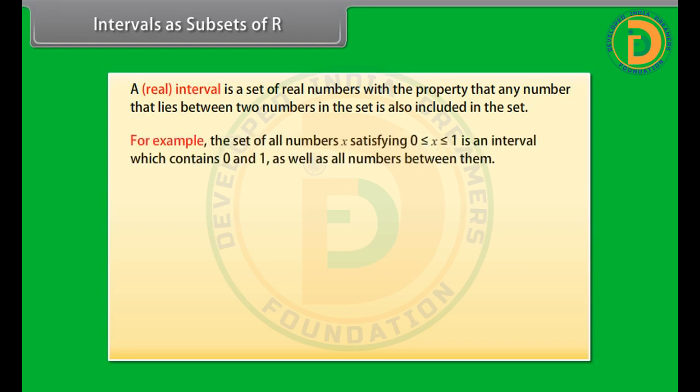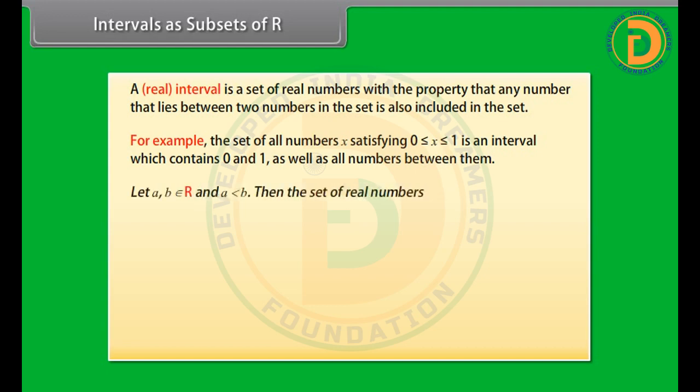For example, the set of all numbers x satisfying 0 less than or equal to x less than or equal to 1 is an interval which contains 0 and 1, as well as all numbers between them.